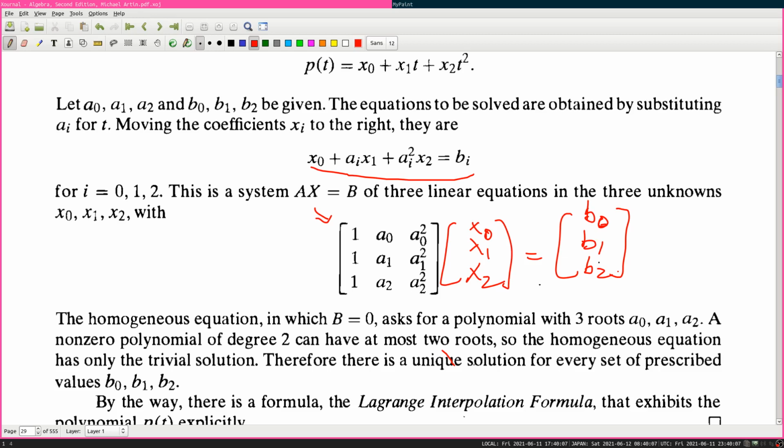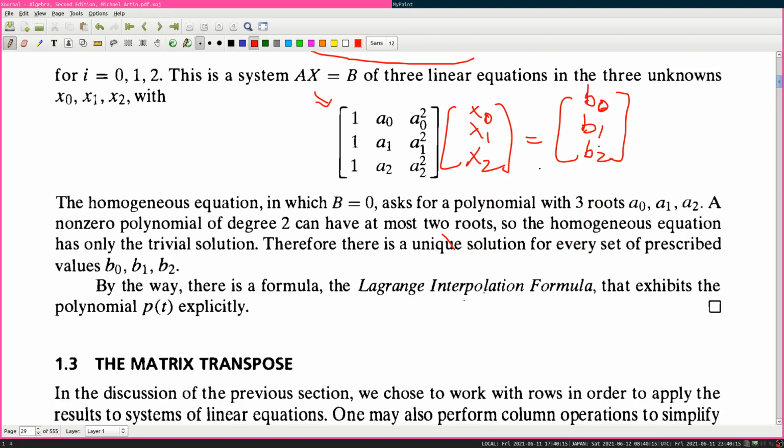Therefore, there is a unique solution for every set of prescribed values b0, b1, b2. By the way, there is a formula, the Lagrange interpolation formula, that exhibits the polynomial p of t explicitly. That's kind of interesting.